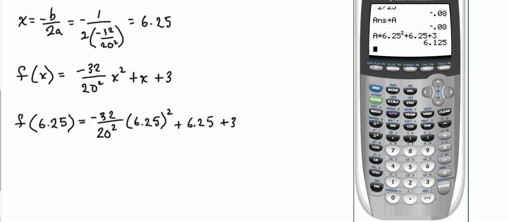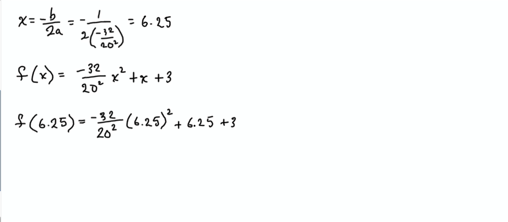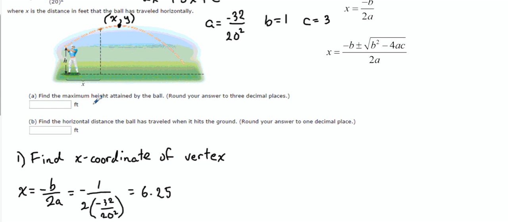And we see that our y value is 6.125. So the value of f of 6.25 is 6.125. And that would go in here for A.